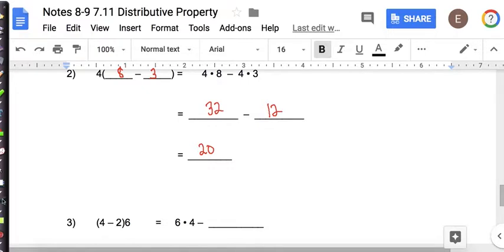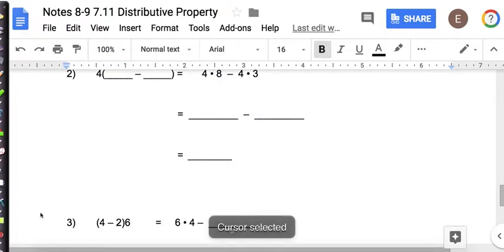All right, let's look at the third and final example. And there may be a delay here, so be patient. We have a 6 outside the parentheses, so we need to make sure we distribute that 6 to both numbers. So the 6 needs to get distributed to the 4, and the 6 needs to get distributed to the 2.